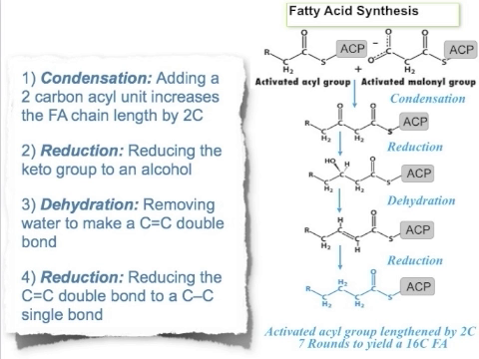Finally, we're going to reduce this double bond to a single bond to form a saturated hydrocarbon. These steps are going to be repeated through 7 rounds to yield a 16-carbon fatty acid, palmitate. The palmitate will then be released through a thiolysis function right within the fatty acid synthase itself.